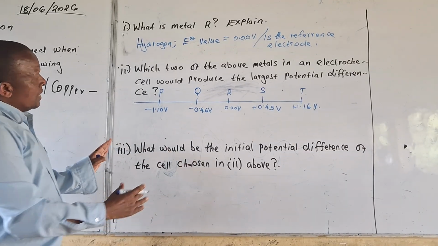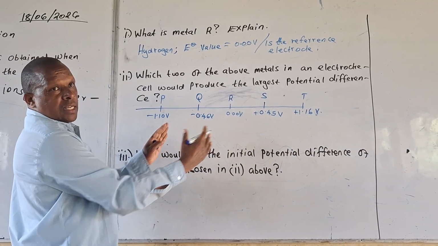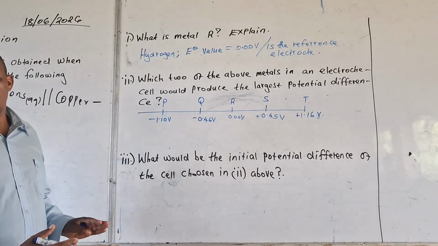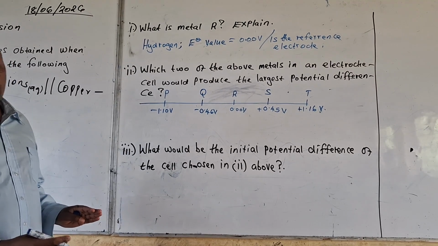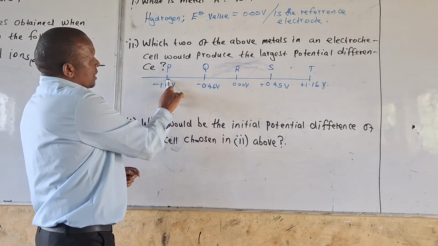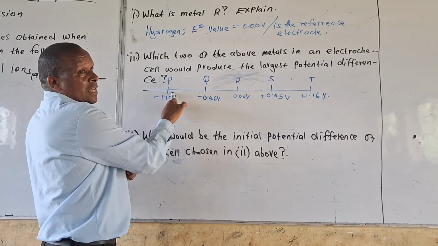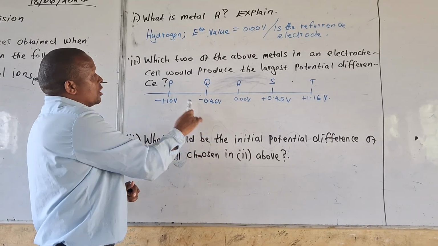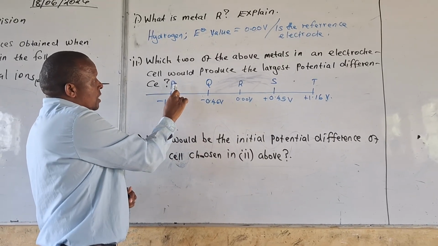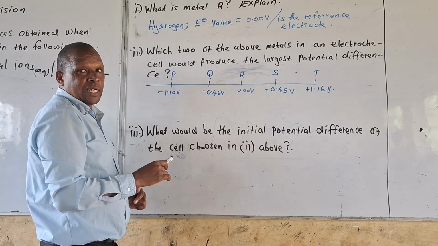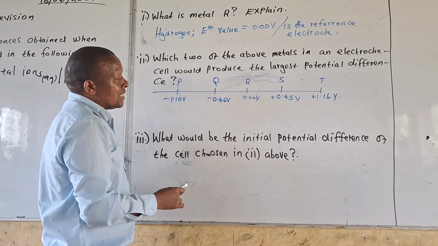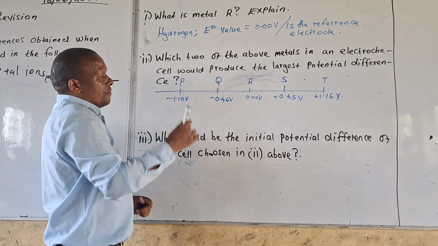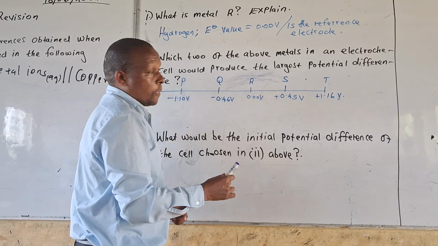Now, the space in between is actually the potential difference, or the EMF. Are we together? The space between this metal and this metal is the voltage or the EMF that is produced when you combine, for example, P and Q. So for our case, the largest EMF will be produced by what?